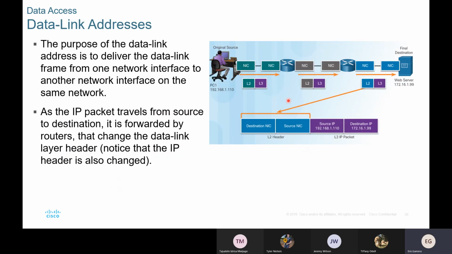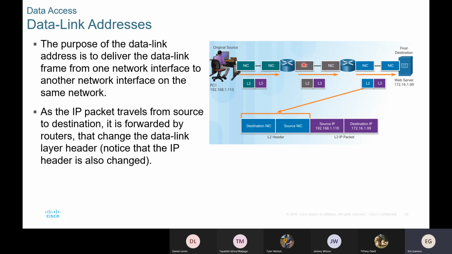Now, at the level of MAC, which is layer 2, it's different. So here in the first hop, the destination MAC address will be the MAC address of this router in this interface. And the source MAC address will be the MAC address of this PC. In this second hop, from the left router to the right router, the destination MAC address will be the MAC address of this router in this interface.